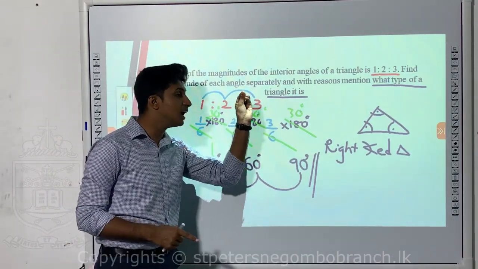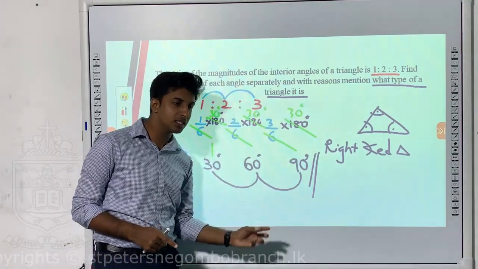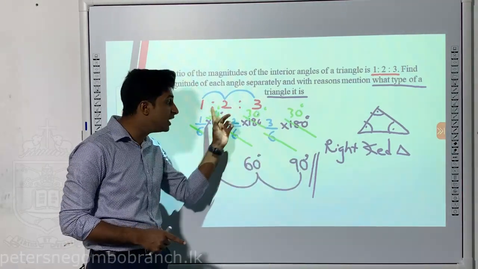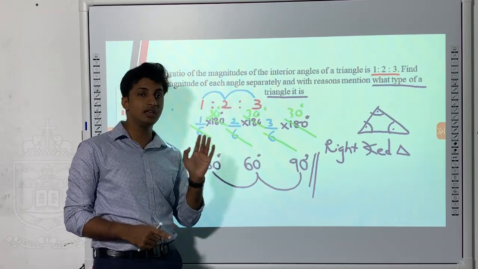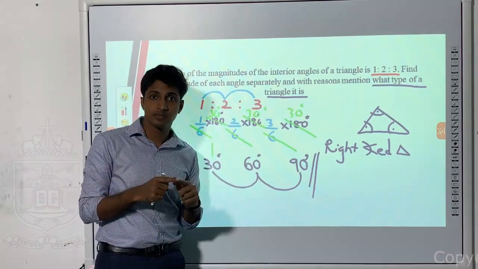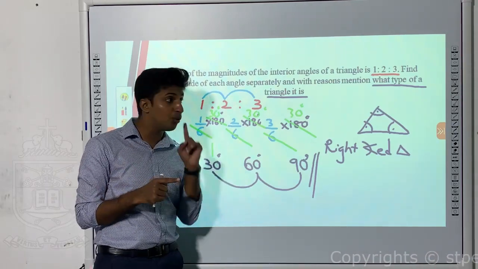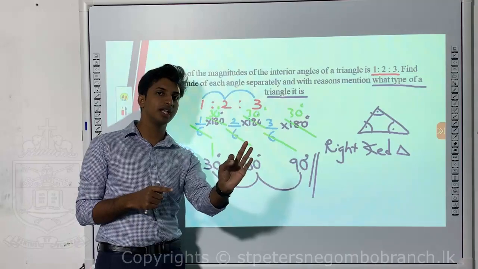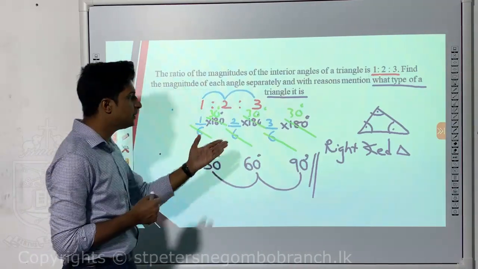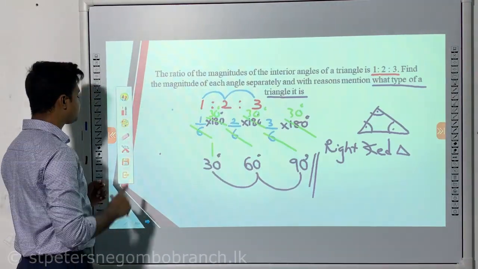That is going to be acute angle or right angle or obtuse angle, because we are dealing with angles in this question. So don't write scalene because we don't know the lengths. We only know the angles. So on the basis of angles, write the type of triangle. Okay, so this is the answer for that.